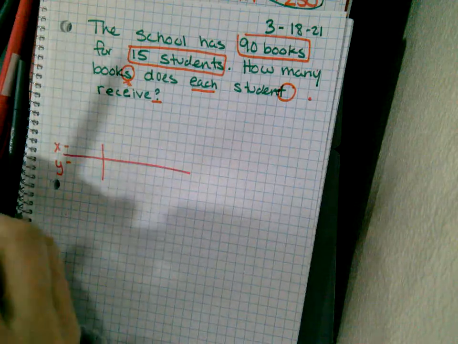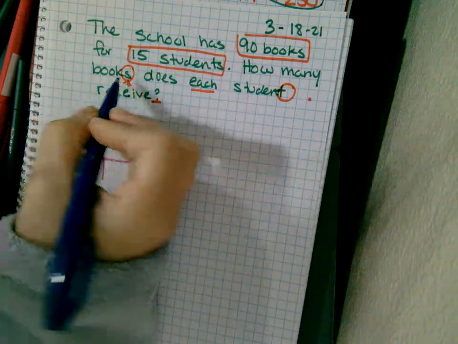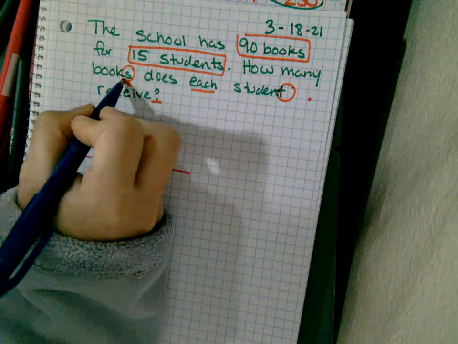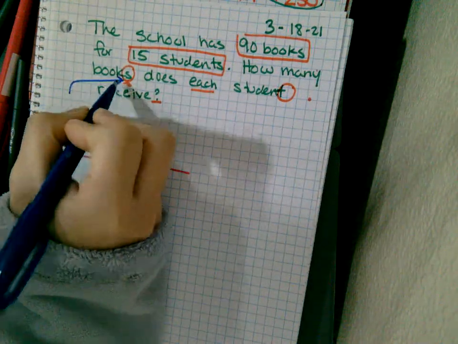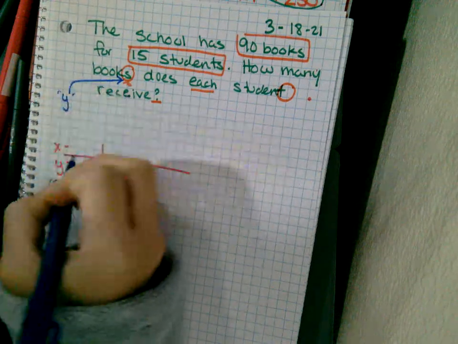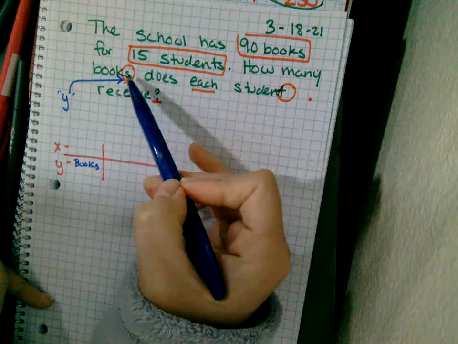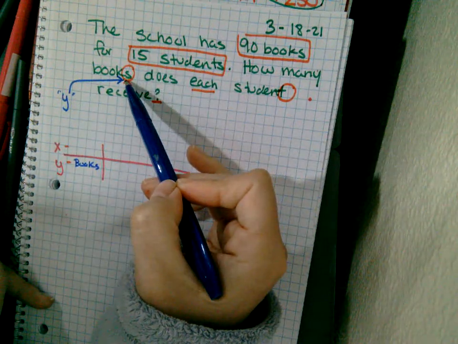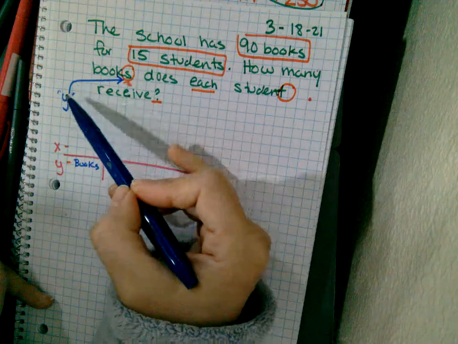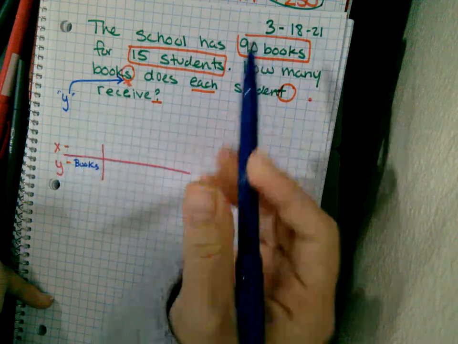When it is plural, when you see an S in the question, not the first part, the question itself, the S makes books the Y. So where you see the S, that rings a bell of, oh, that's my Y. Your Y is where your plural is.